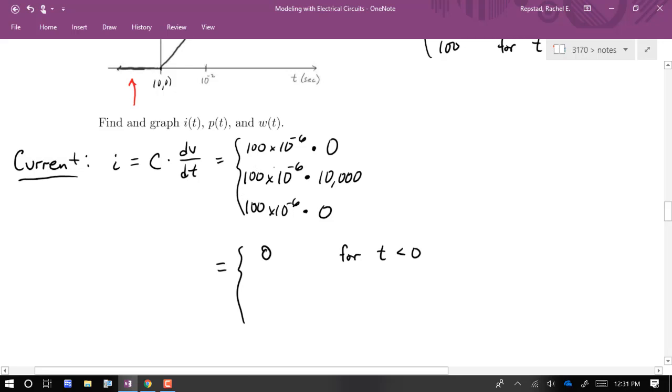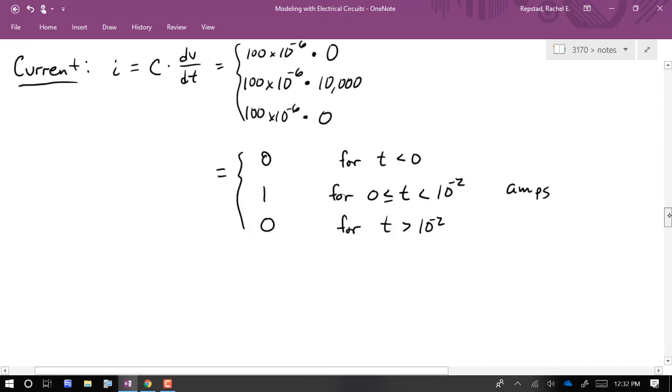We have a current of, let's see, this is 10 to the 4th, so when we multiply these, we'll get a current of 1 between 0 and 10 to the negative 2. And then a current of 0 at the end for values greater than 10 to the negative 2. And these are in amps.